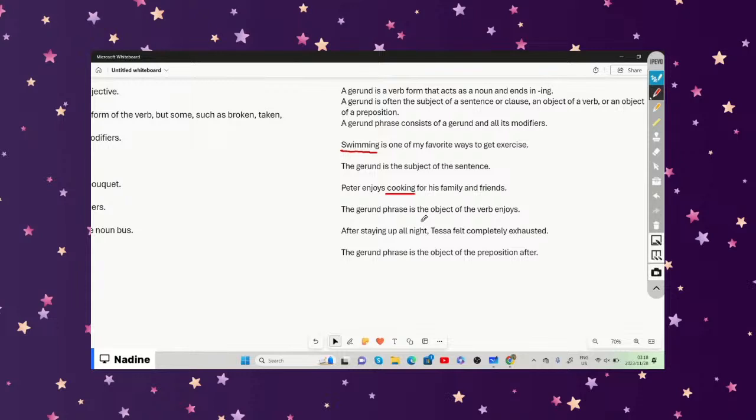Staying is our gerund, and the gerund phrase is the object of the preposition after. So here's our preposition after, and our gerund is staying.